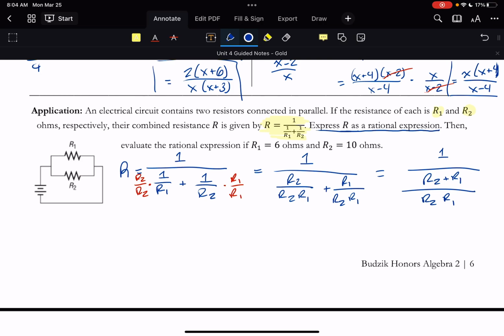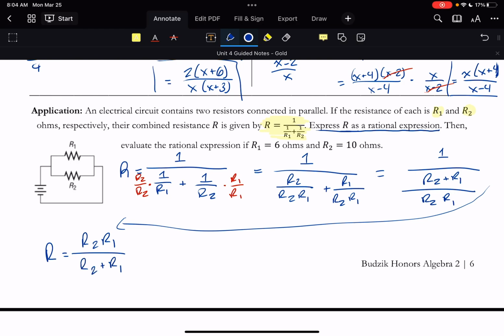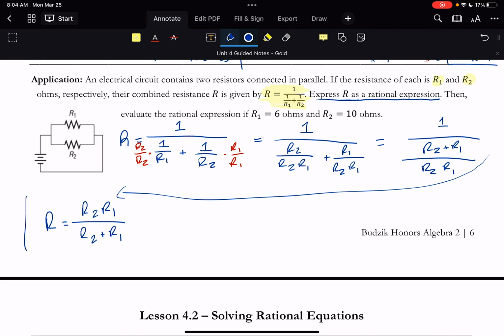And I now have this rational division again. But remember, 1 over something is really just the reciprocal. So if you were to do the multiplication of the reciprocal, it's just going to be the reciprocal of the rational in the denominator. So I get that my R here is R2 R1 divided by R2 plus R1. And that is that written as one single rational expression.